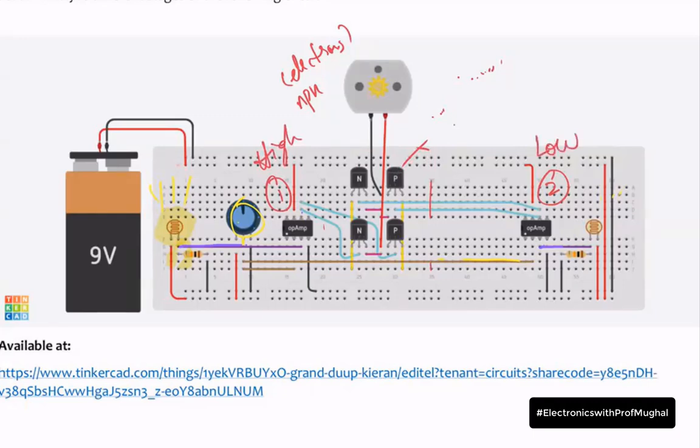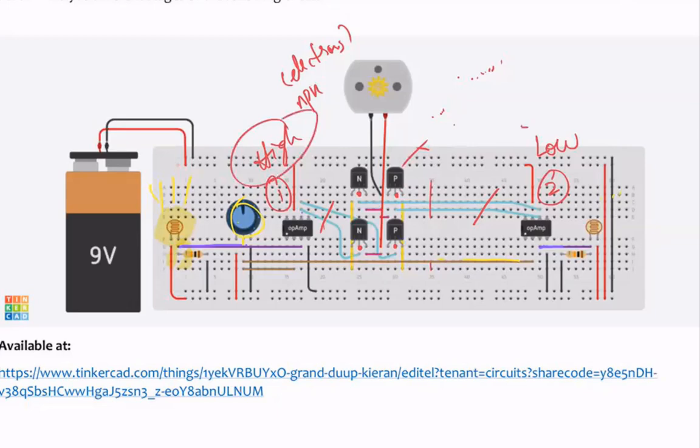The wires that you see in blue here, these are the outputs of the op-amp. And notice these output wires in blue are then fed into the base of these transistors, okay?